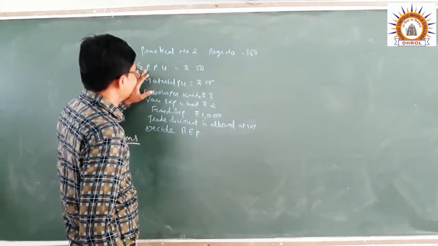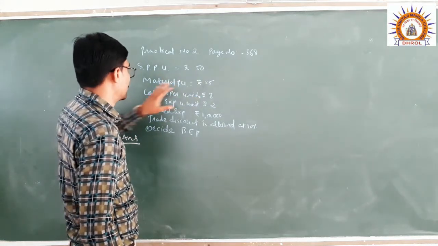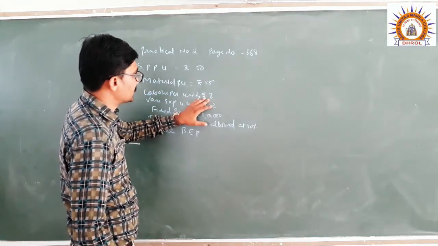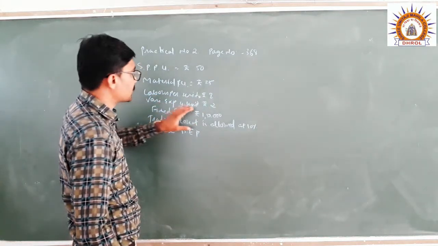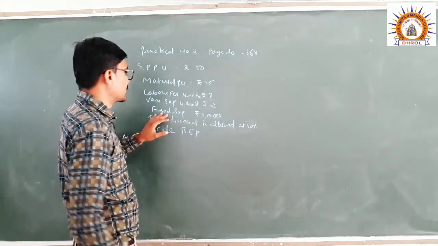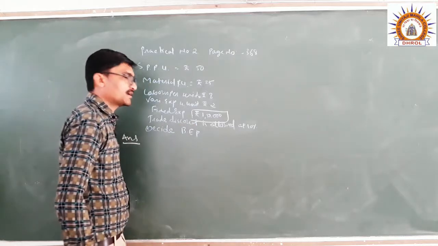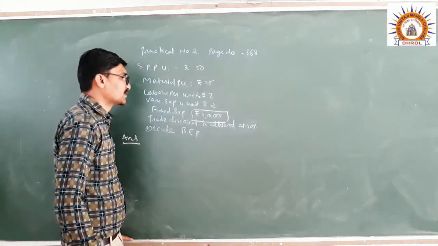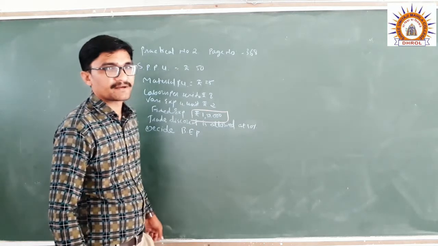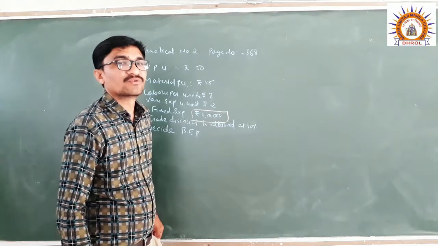So let us try to understand that the selling price is given as rupees 50 per unit, material per unit is 25, labor per unit is rupees 8, variable expense per unit is rupees 2, and the fixed expense is in terms of rupees, not in terms of unit. If it is given in terms of unit, you have to convert it into rupees. Why?